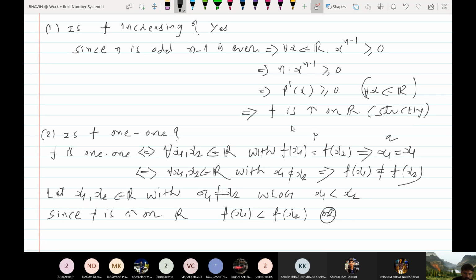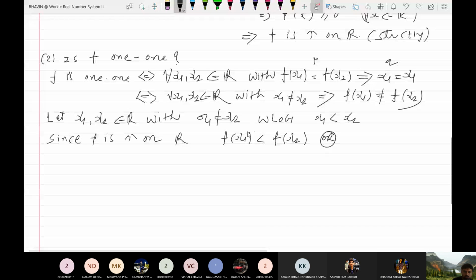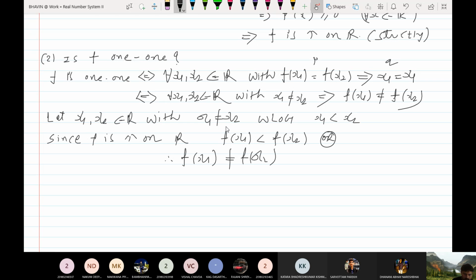So f(x1) is not equal to f(x2). So we began with x1, x2 belongs to R and x1 not equal to x2, and we have proved that f(x1) is not equal to f(x2).